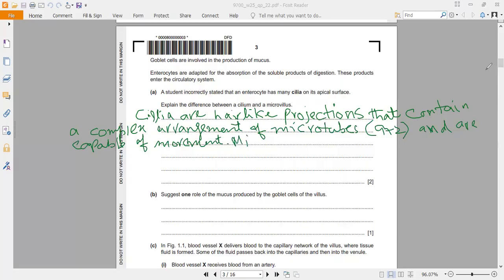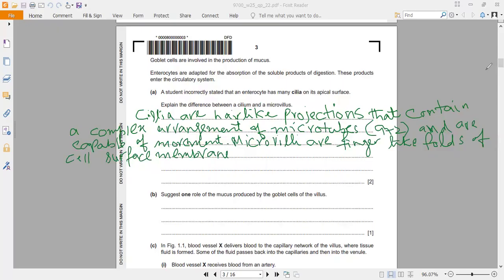Microvilli are finger-like folds of cell surface membrane, which contain actin filaments and non-motile.